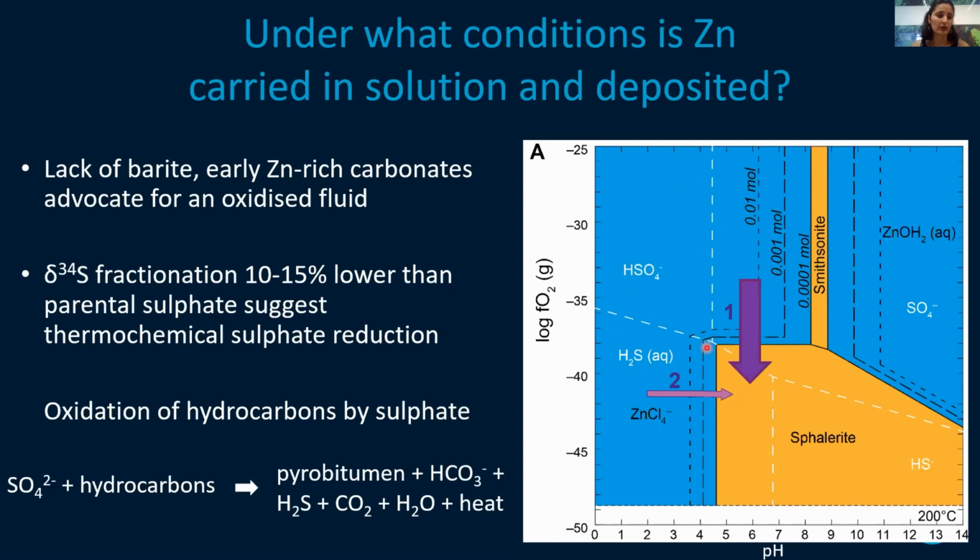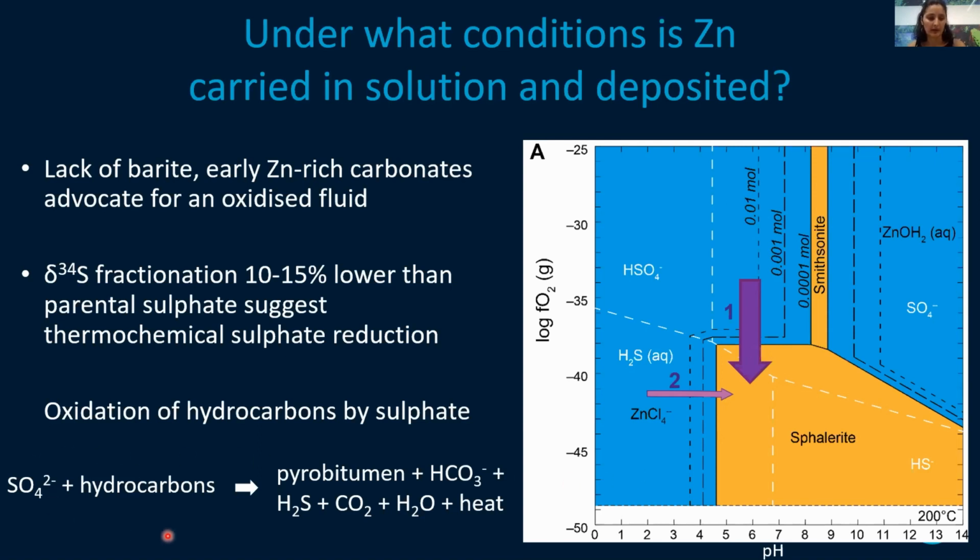The sulfur isotopes fractionation of about 10–15% below the parental sulfate suggests that this reduction occurs by thermochemical sulfate reduction, and that occurs by the oxidation of hydrocarbons by sulfate as the oxidized fluid is interacting with the organic matter-rich rock.